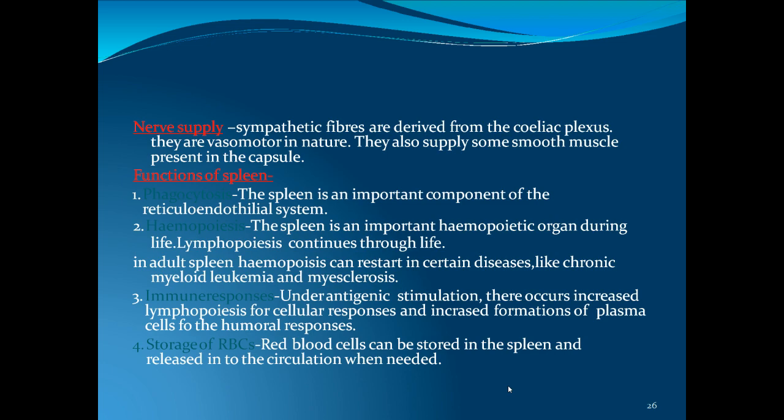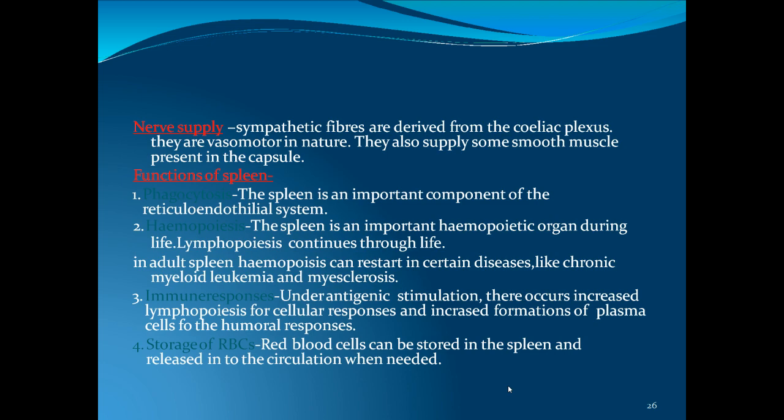Now the supplying sympathetic fibers are derived from the celiac plexus and are vasomotor in nature. They also supply some smooth muscle present in the capsule. And now we'll see the function of the spleen. The spleen is an important component of the reticuloendothelial system. The spleen is an important hemopoietic organ during fetal life, and lymphopoiesis continues through life.